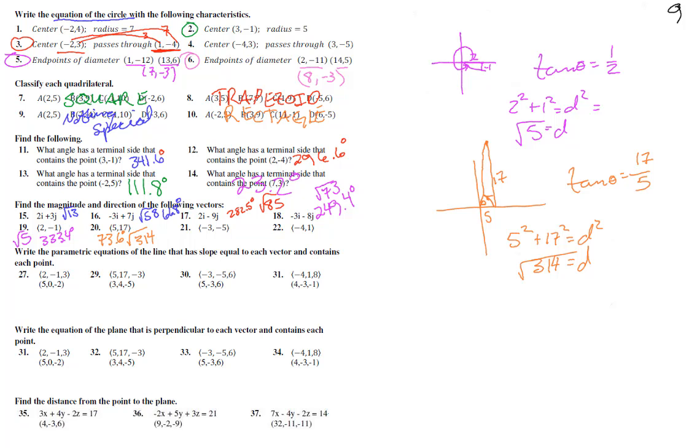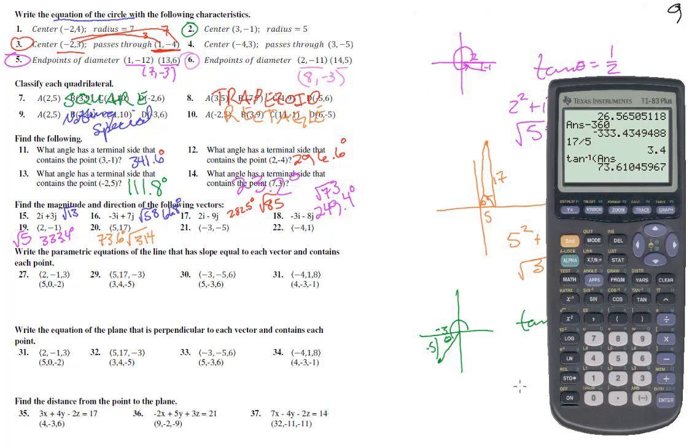Okay, next guy. Number 21, -3, -5. So notice we're down here bigger than 180 degrees. So when we get this theta, it's 3 over and down 5. So when we do tangent of theta equals 5 over 3, just remember we've got to add that to 180. So we do inverse tangent of 5 over 3. Enter, we get 59.06.